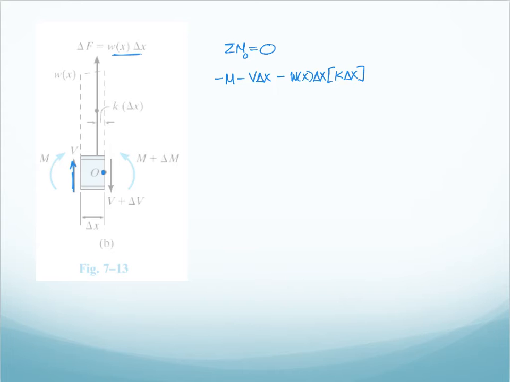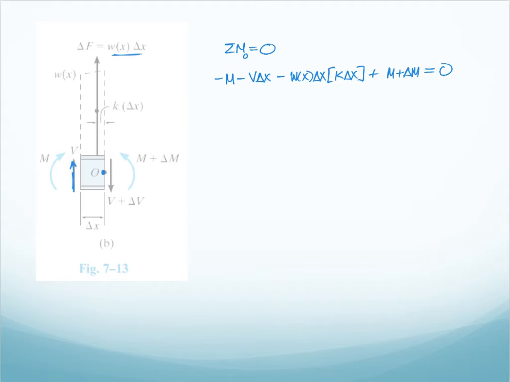So k just represents an arbitrary fraction, some fraction of the total length away from the right-hand side. So we're just trying to be super general in this case. And then the last moment we have is the moment on the right-hand side, M plus delta M. And this all adds up to be 0.